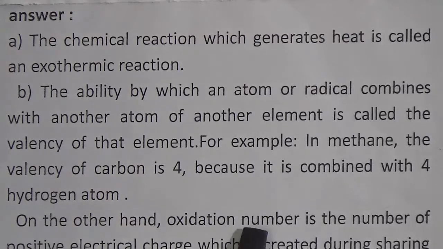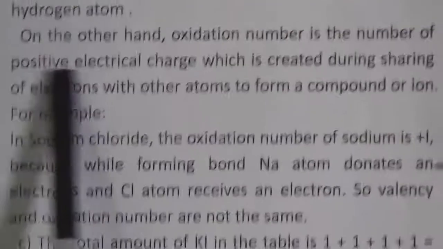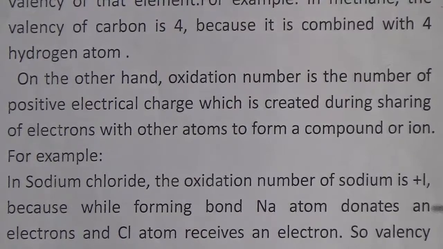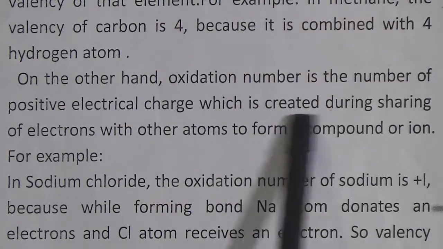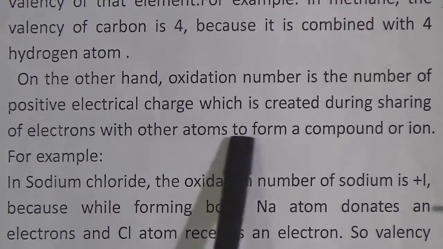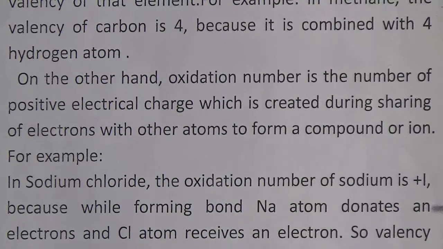On the other hand, oxidation number is the number of positive or negative electrical charge, or sometimes it can be 0, that is created during sharing of electrons with another atom to form a compound or ion.